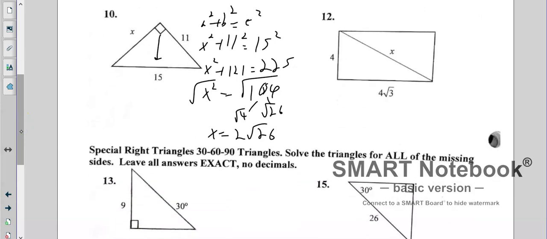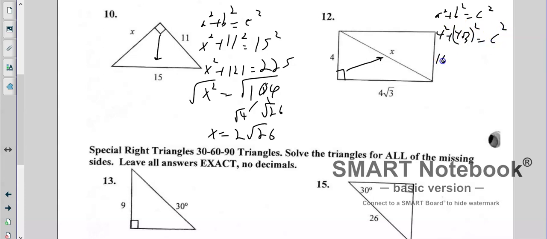And the last one over here. No, we cannot assume this is a 30, 60, 90. We go with the Pythagorean theorem. Okay? Here's my right angle. We're looking for the hypotenuse this time, finally. So a squared plus b squared equals c squared. So 4 squared plus 4 root 3 in parentheses squared equals c squared. Now you gotta be careful with this one.